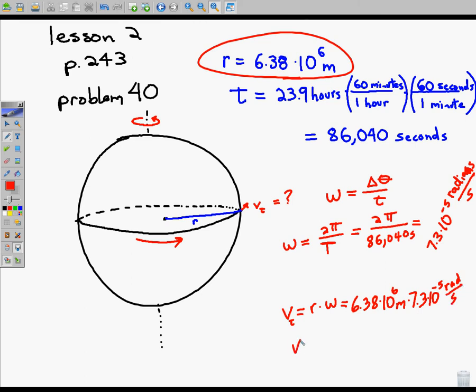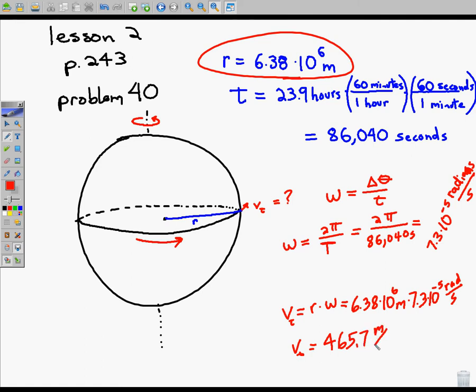So then if you multiply that out, what do you get for the tangential velocity? I got 465.7 meters per second.